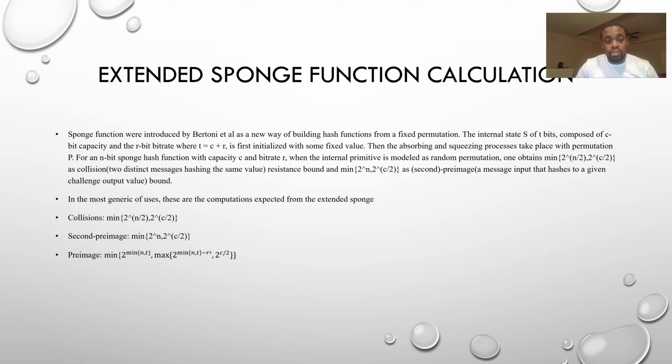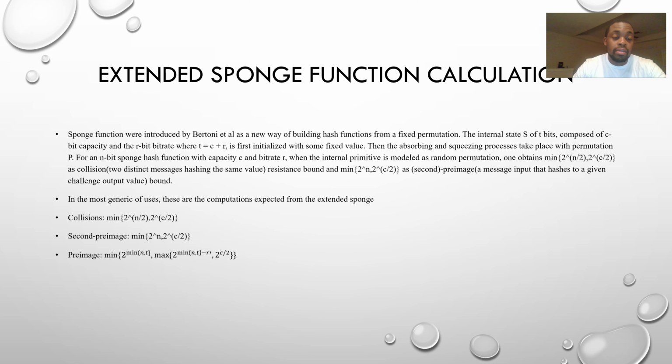In most generic uses, these bounds are expected from the sponge. Collision, which is basically two distinct messages hashing to the same value, and pre-image, which is a message that hashes to a given challenge output value, have basically the same minimums that I just previously mentioned.